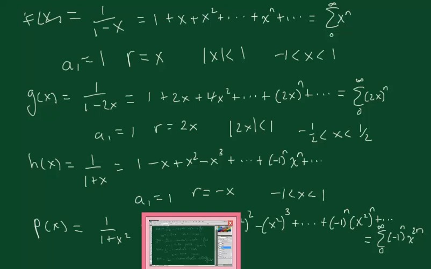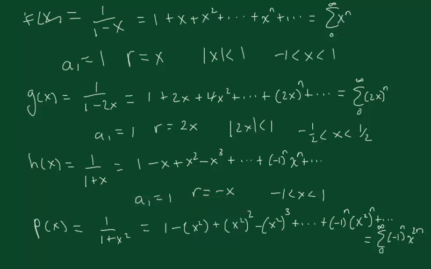Now this interval of convergence will be where the absolute value of x squared, either negative x squared, will be less than 1, and that of course will also lead us to negative 1 is less than x is less than 1. You will notice that all of these have a center at 0.